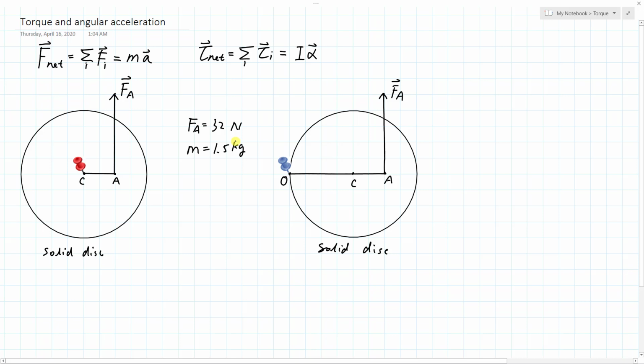And the radius of the disk is 0.2 meters, with the force given, and also the distance CA is 0.1 meters, so that's basically halfway. Apparently OA is equal to R. So the goal is to find out the torque in both cases and the angular acceleration in both cases.